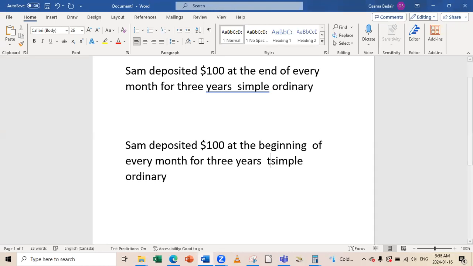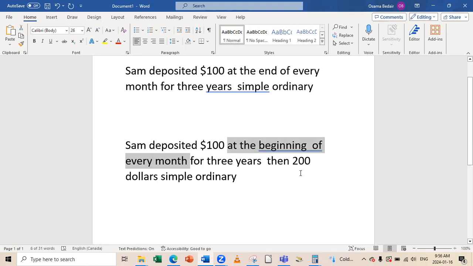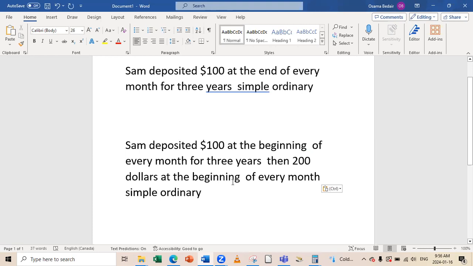Then $200 at the beginning of every month for another 2 years.